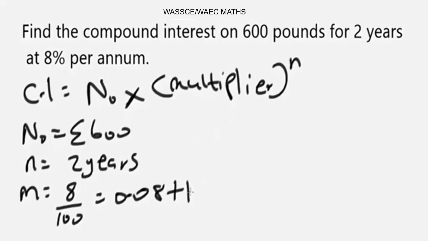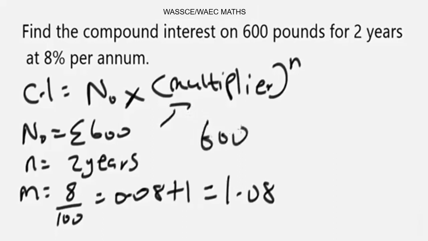So 0.08 plus 1 gives 1.08. Now that you have these values, you can plug them into this formula. So we're going to have 600 times the multiplier 1.08 to the power n, which is 2.